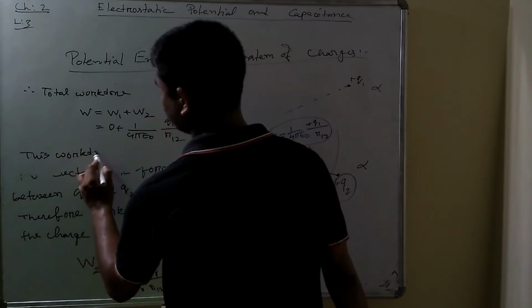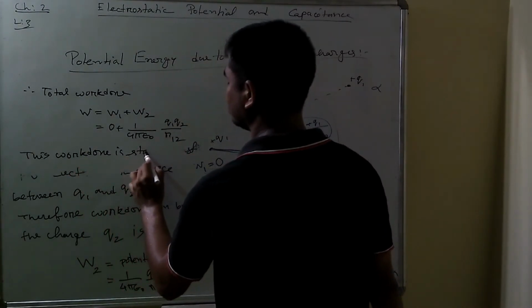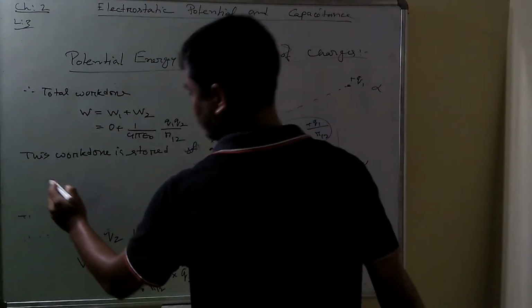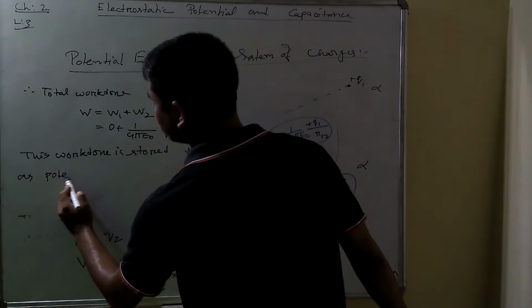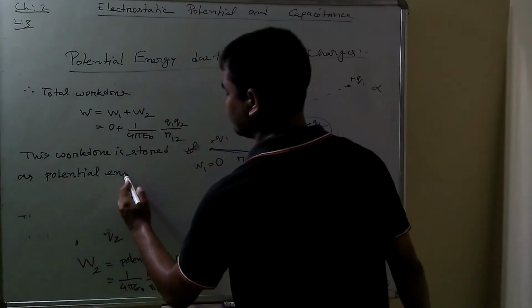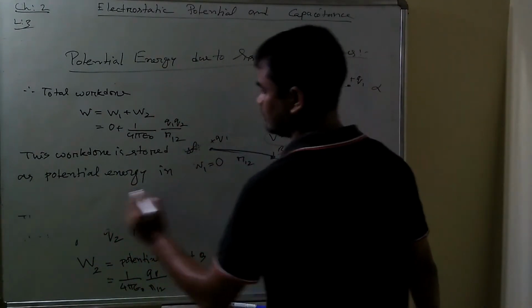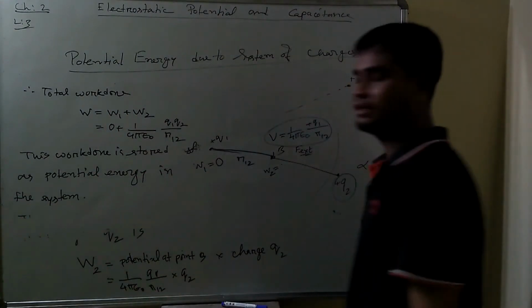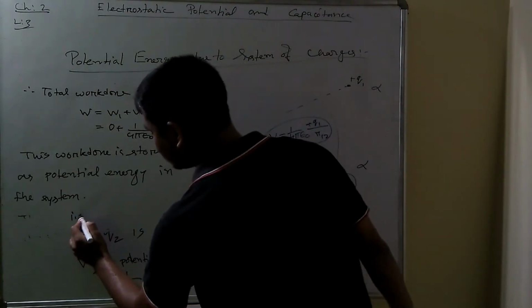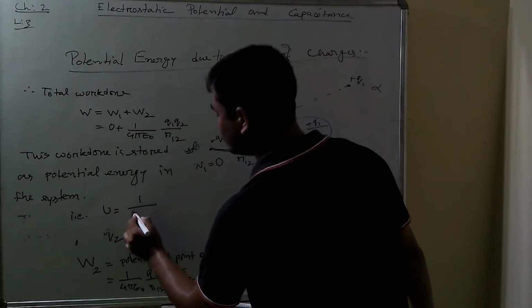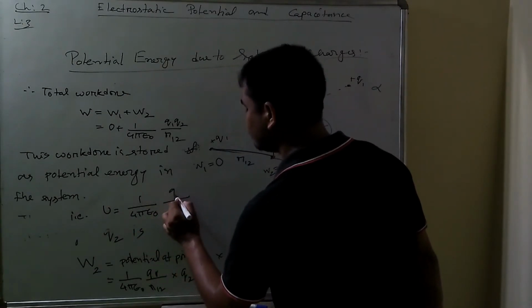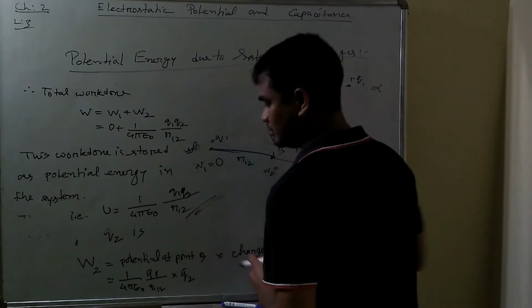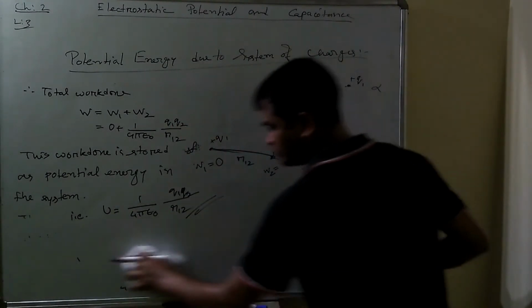This work done is stored as potential energy in the system. Clear? This much, that is U is equal to 1 by 4 pi epsilon naught Q1 Q2 by R12. Here, this is the potential energy.